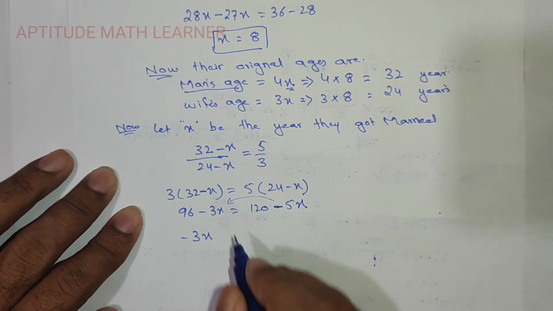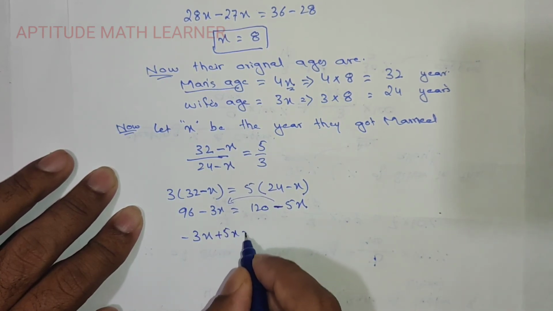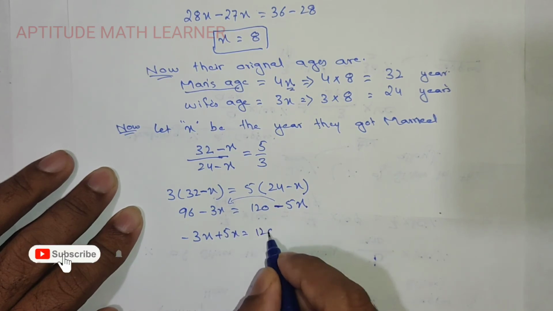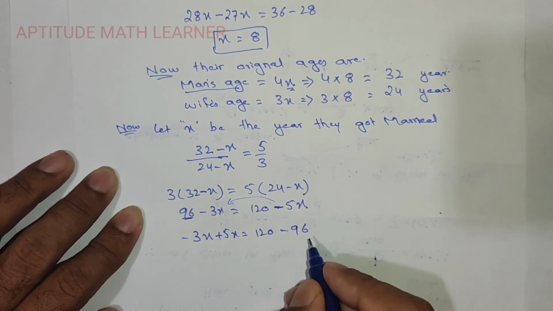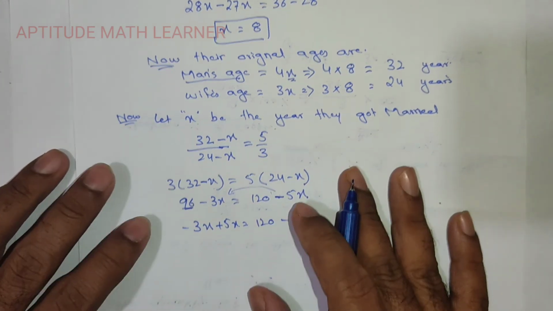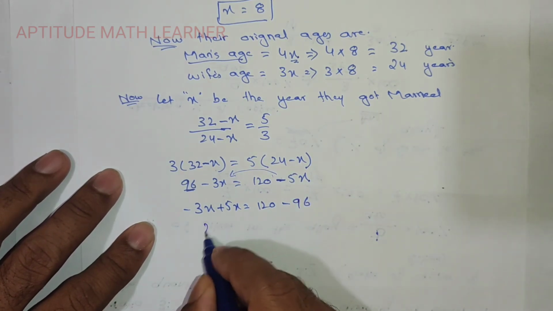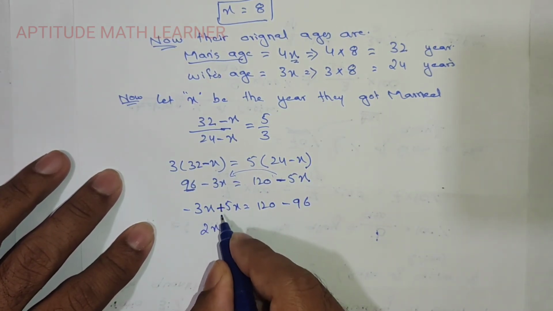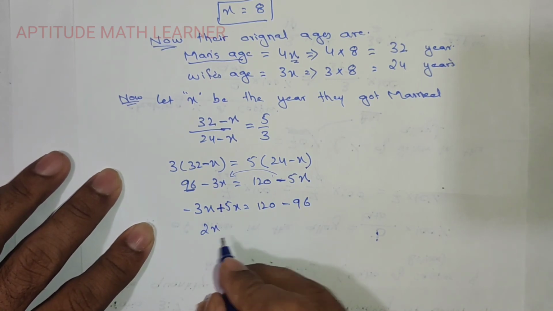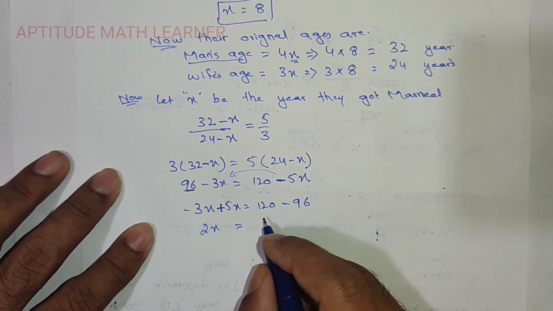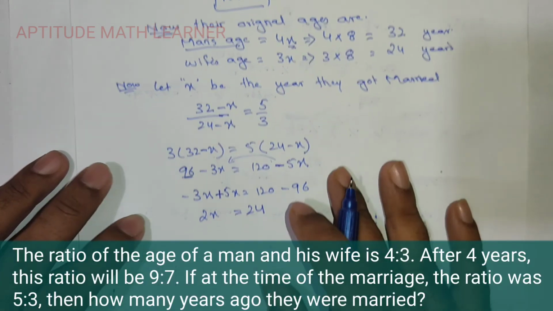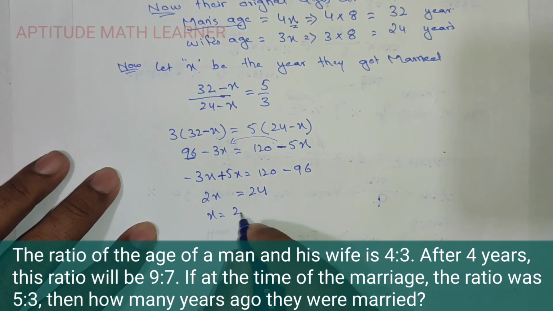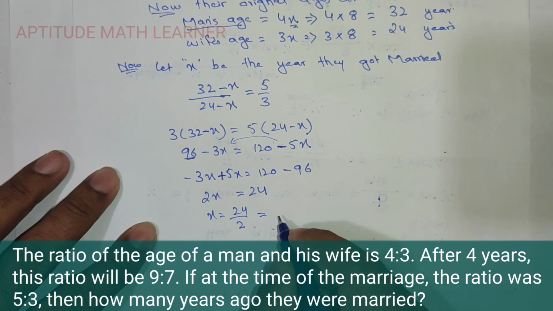It goes to this side and becomes plus 5x, and the 96 goes to the other side and becomes minus 96. So we get 2x is equal to 24, so x is equal to 24 upon 2, and we get 12.